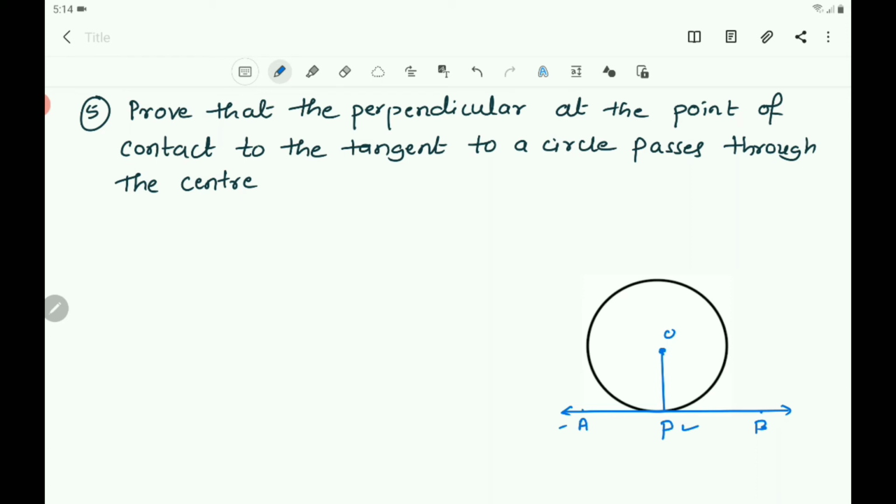OP is the perpendicular to the tangent at the point of contact, and as OP is the radius, that must pass through the center.